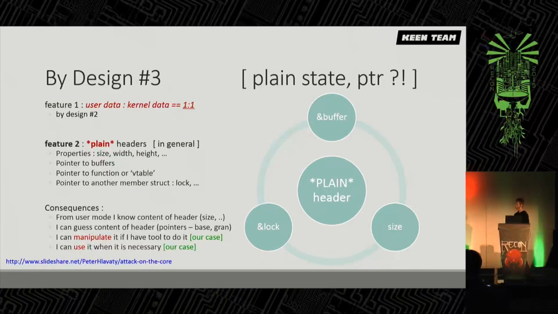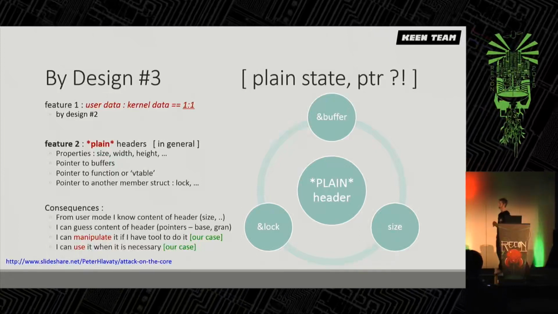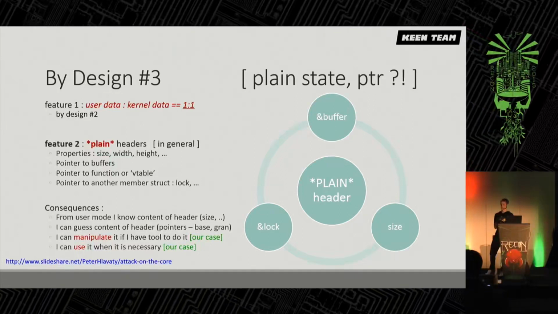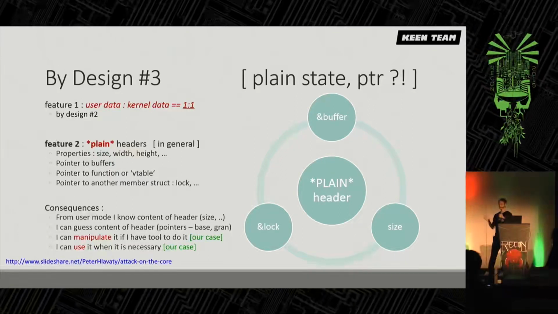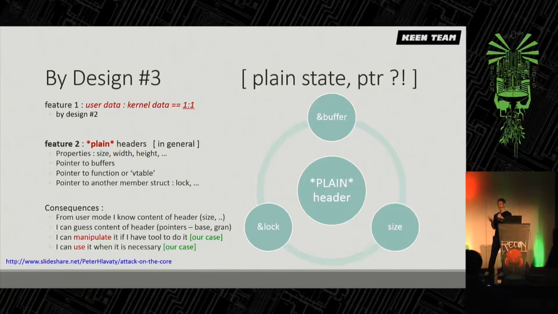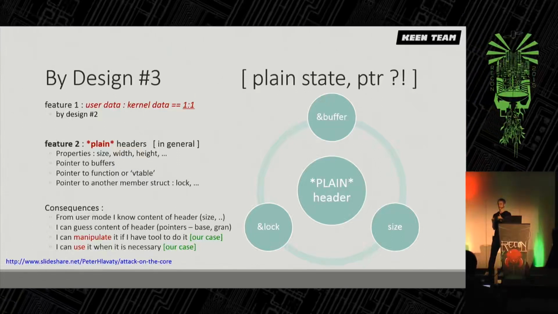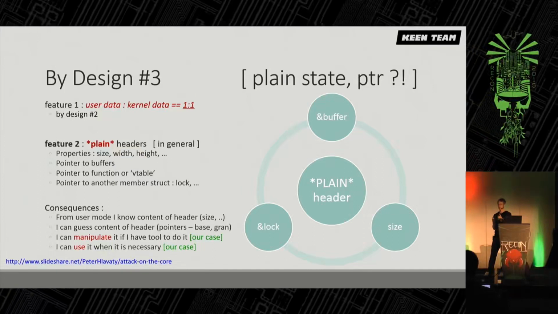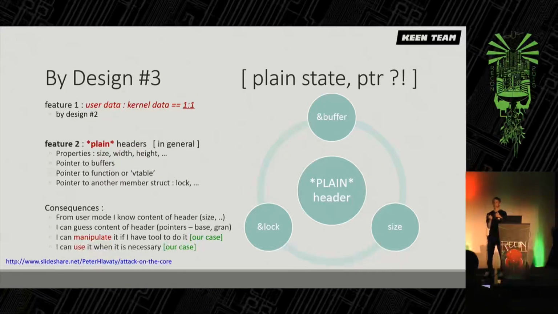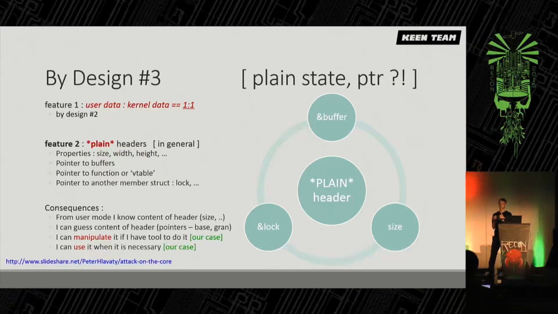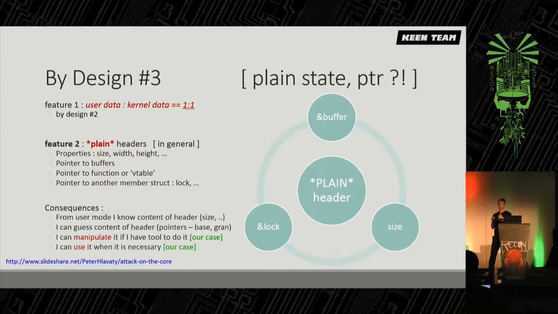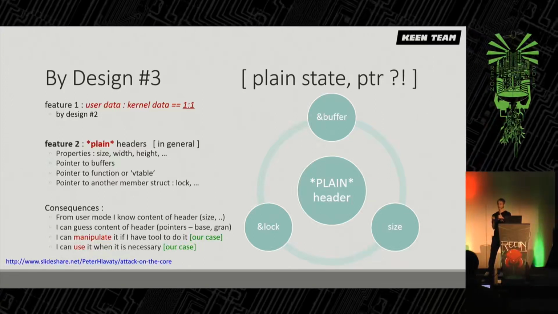Because from user mode you can expect that in this memory you can control data and you can read the plain state of the header, it has really good consequences for you, because you can easily boost the size, since you know the size you control, and it's not encrypted, so you can change it.